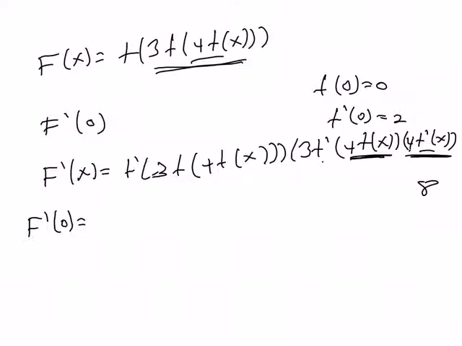We have f prime of 0, so this is 2 times 3, so this is 6, and then we have f of 0 over here, so this whole thing is 0, so then over here we're going to have just 2.